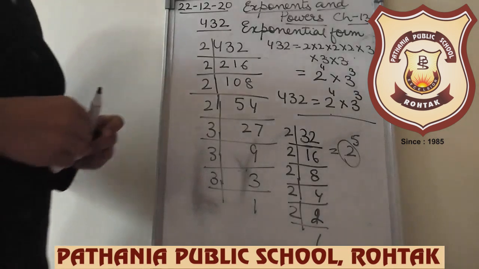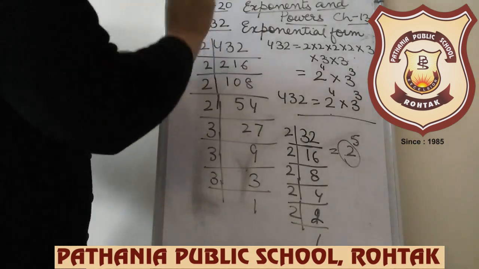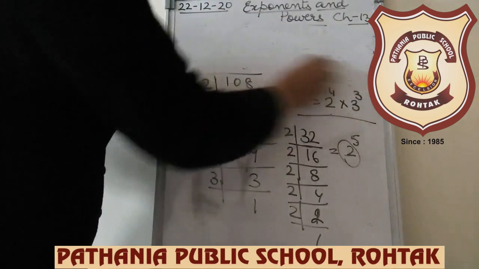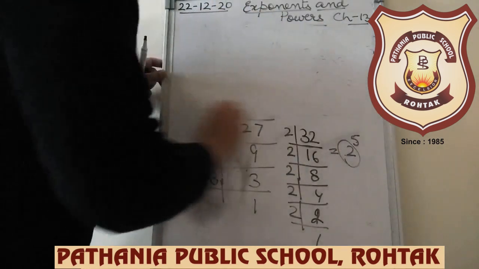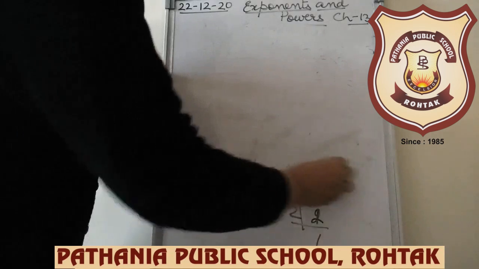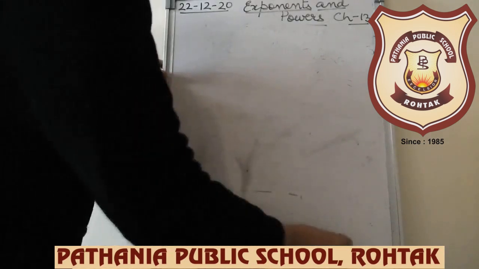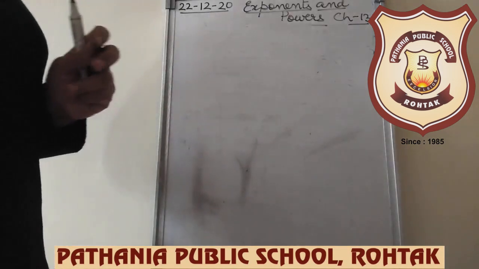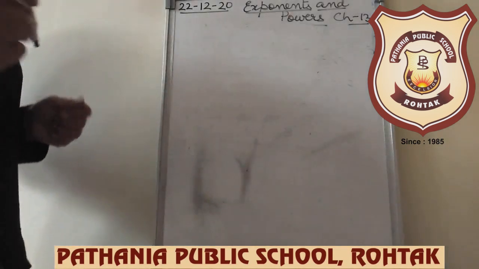Now exponential form or power notation is one and the same thing. Power notation means when we are writing a number in the form of powers. This exponent is also called power.